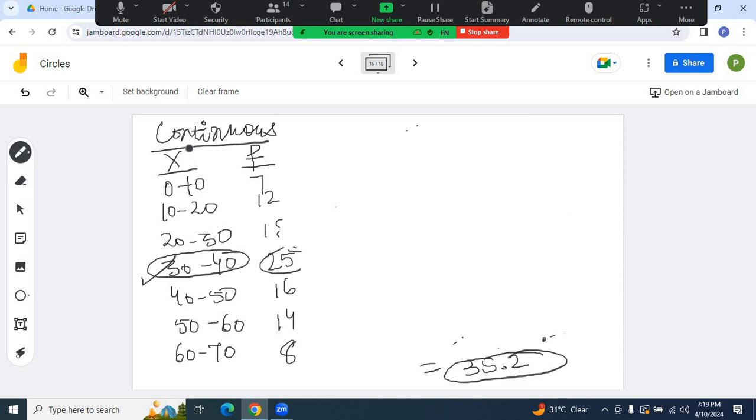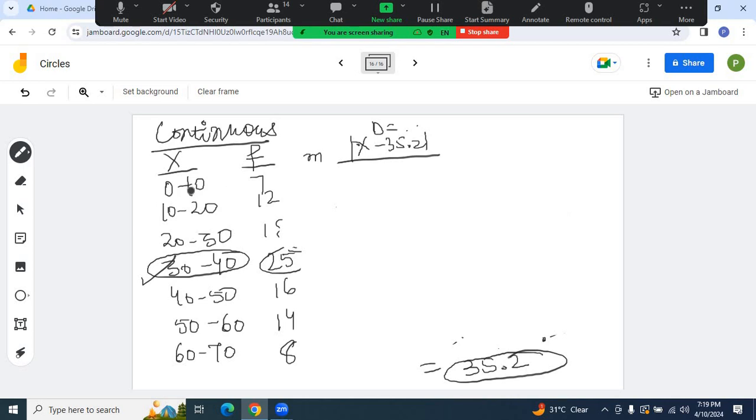Now we'll find the deviation. Deviation will be x minus 35.2. It's a decimal number, so you need to be very, very careful now. But how will we find x? It is the class interval, so we first need to find the middle value, m.